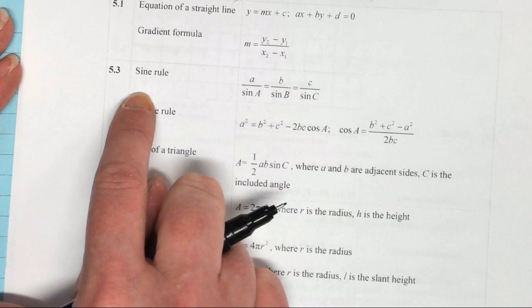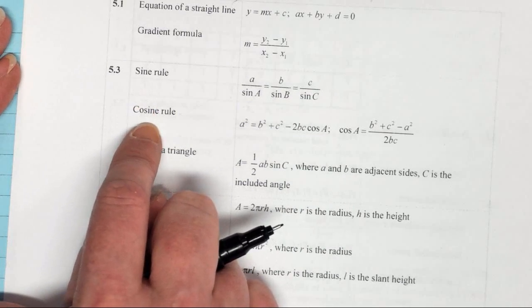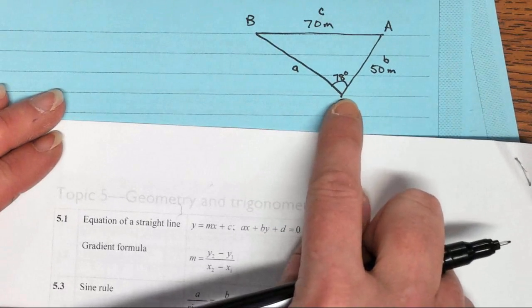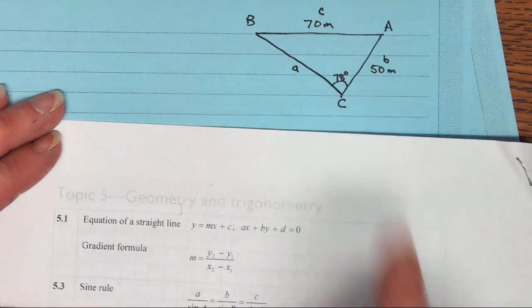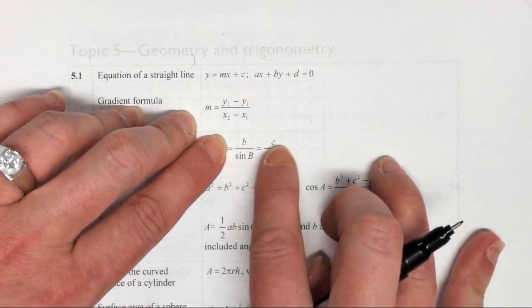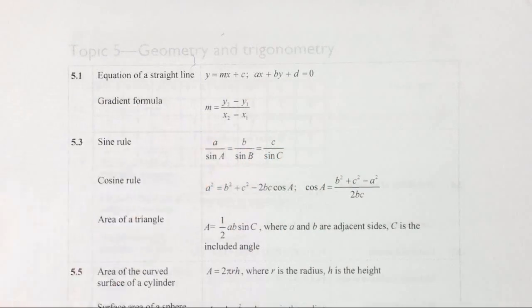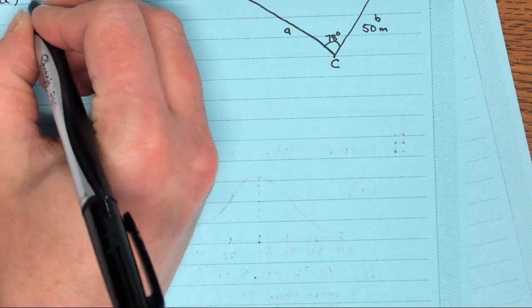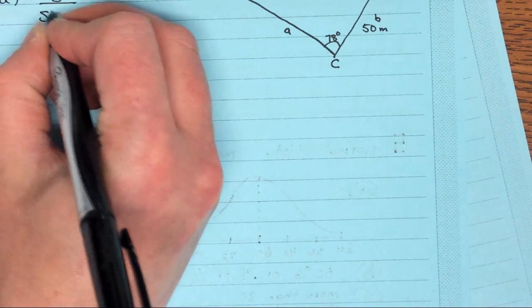We have to use sine rule or cosine rule. Do you remember which one you like better? Sine rule. Now, I know angle C, and I'm trying to find angle B, so I'm going to use the B fraction and the C fraction. Good idea.